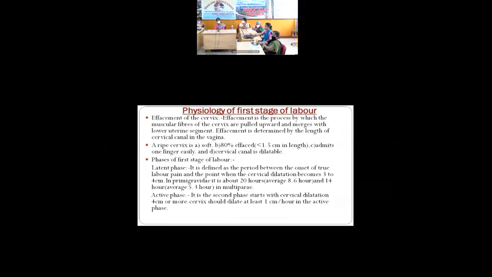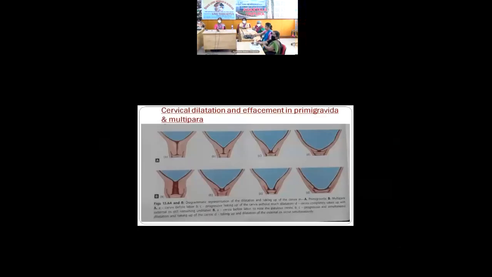The active phase starts from 4 centimeter dilatation, and the cervix dilates at least 1 centimeter per hour.